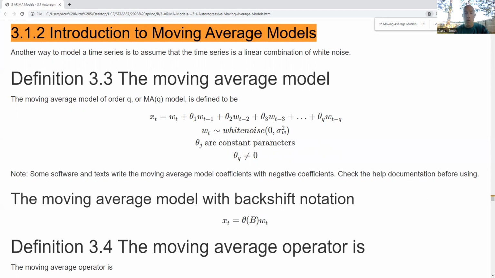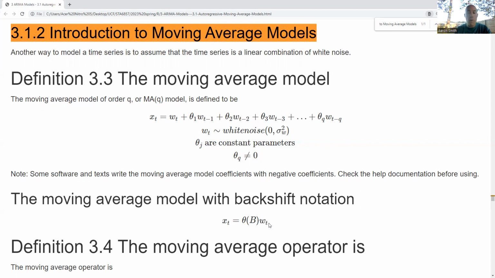It's important to understand that I have two functions. The first is theta, which is built from the coefficients, and then the backshift, like backshift of 3 corresponding, backshift of 2 corresponding. So theta is operating on an operator itself, and that gives me an operator to drop the time series into.